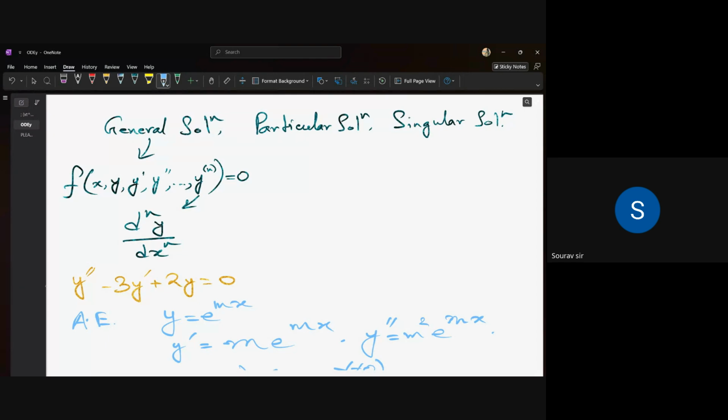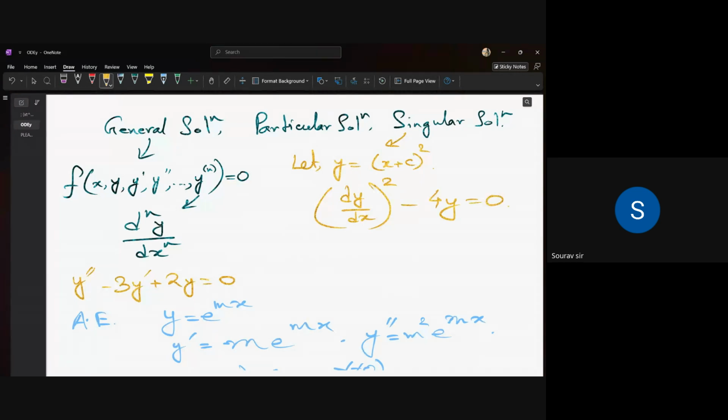So let us think, sorry. So let y equals x plus c whole square. Okay, that basically is the general solution of dy/dx whole square minus 4y equals 0.